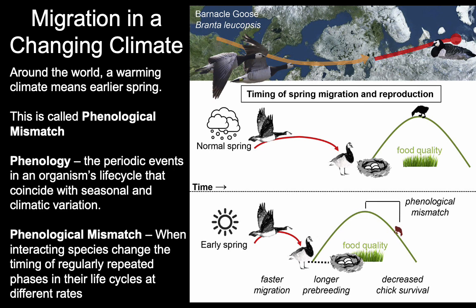So the goose and the vegetation change the timing of their regular repeating, or circannual, phases: the circannual phase of the vegetation growth and production, and the circannual phase of the goose migrating and reproducing.